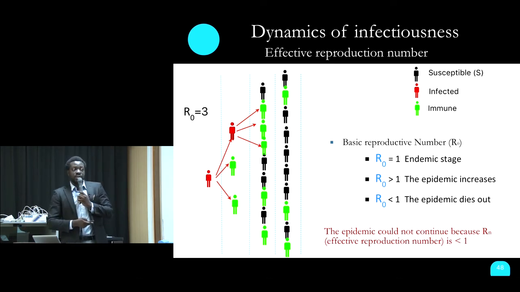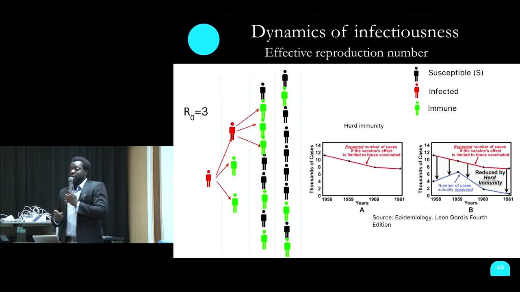And this kind of indirect protection is what we call herd immunity. It's the protection that people who are susceptible in the community get from people who are immune. So it is called herd immunity.